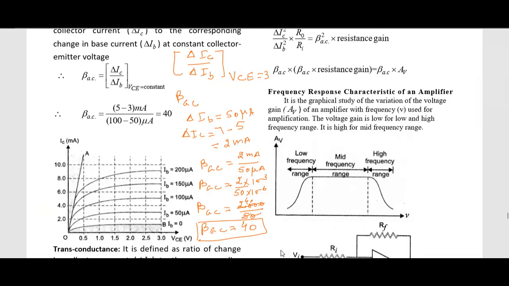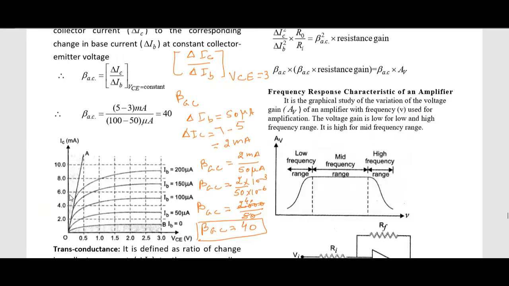We can have different values of beta AC. At VCE 3 it is 40. At 5 it may not be 40. For example, here if you take this voltage at 5 and you again take this 100, this is 3, approximately 4, and then at 150 it is approximately 5.